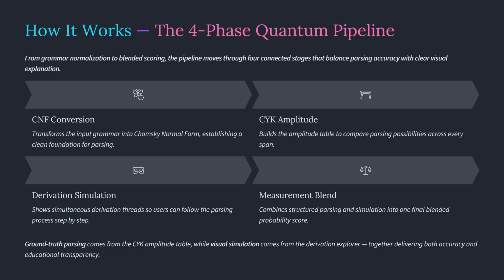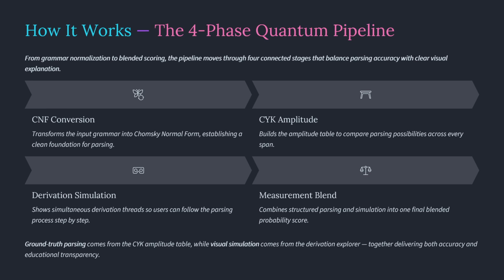The second step is the CYK amplitude table. It is an n cross n table where each cell stores a quantum amplitude for every non-terminal that spans tokens i through j. Amplitudes multiply like a tensor, and values are calculated for it.